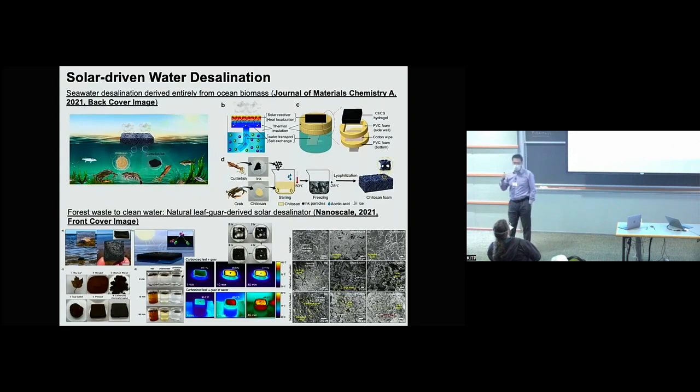I also focused on different waste materials. In the previous one we transformed farm waste material, cow manure or horse manure, and then we switched our interest to ocean biomass materials. As you can see here, I'm going to spend 4 slides later to show you this project.